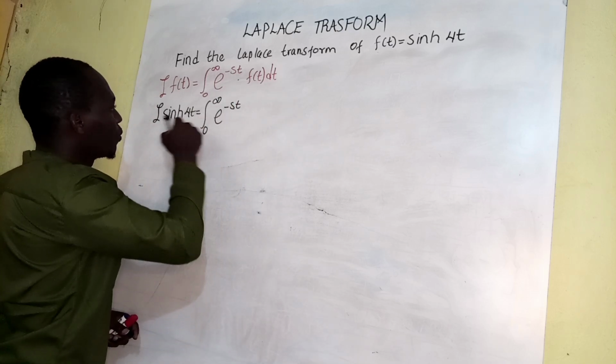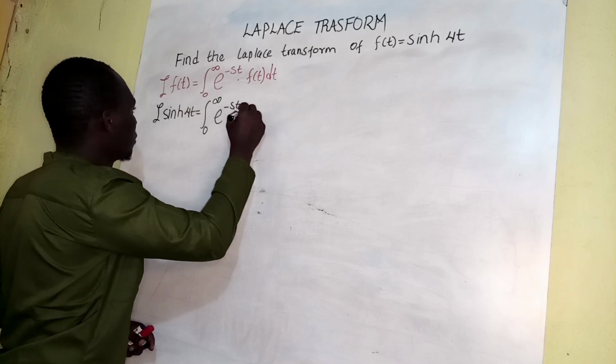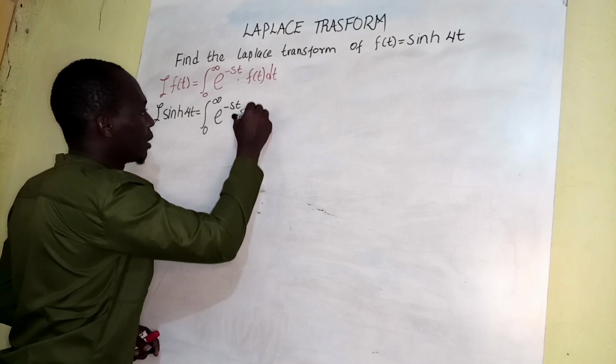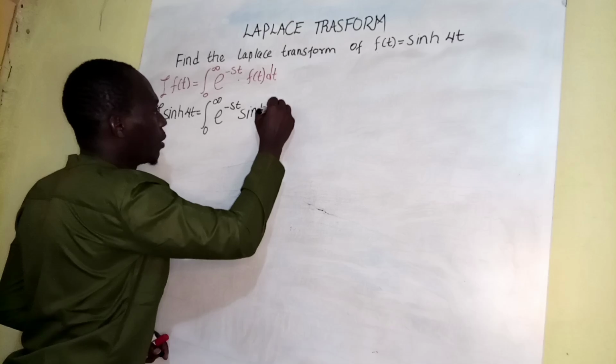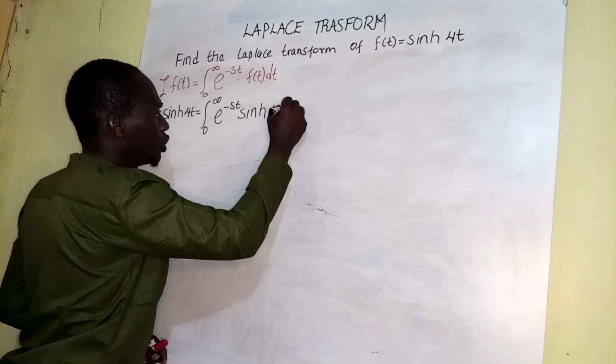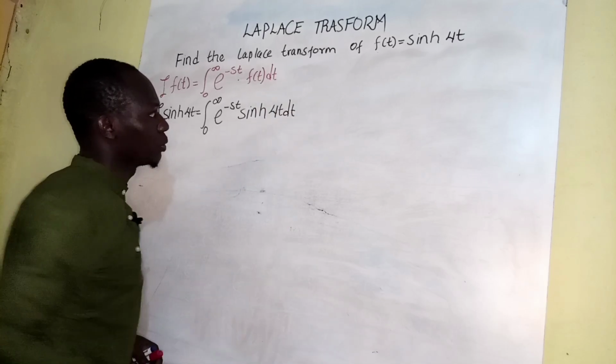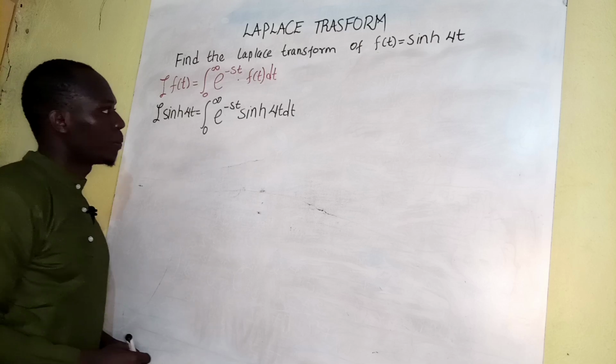The function f of t, we understand, is equal to sine hyperbolic 4t, and our integration is with respect to dt.